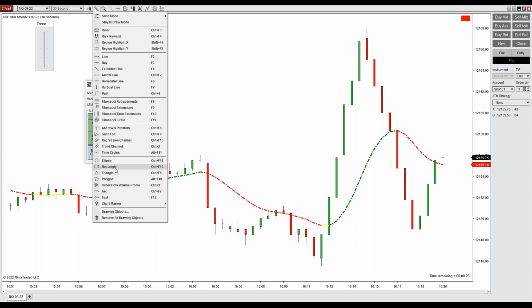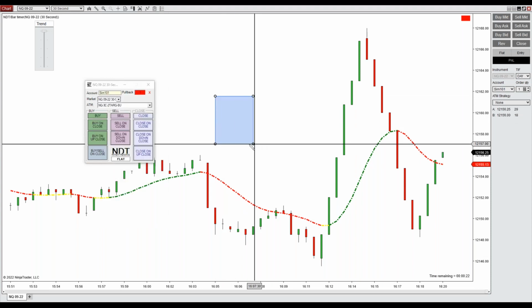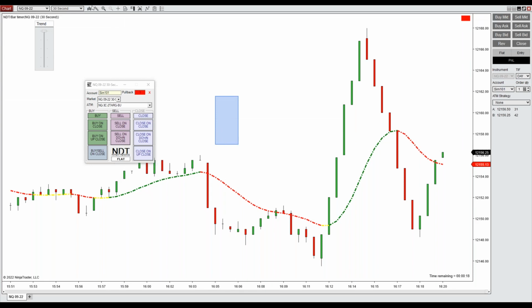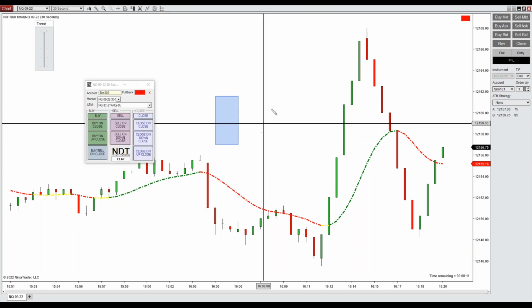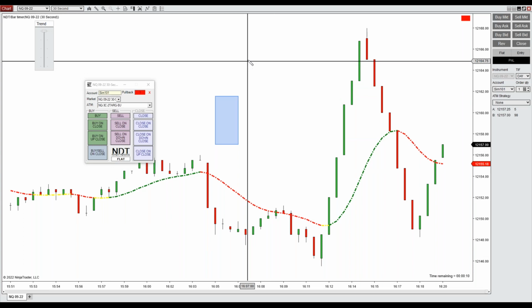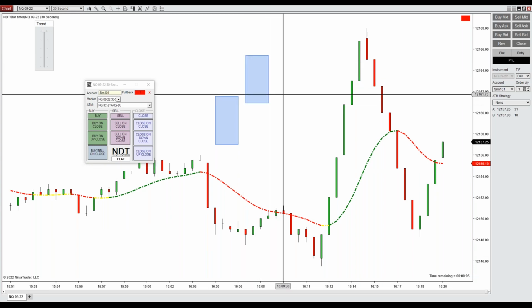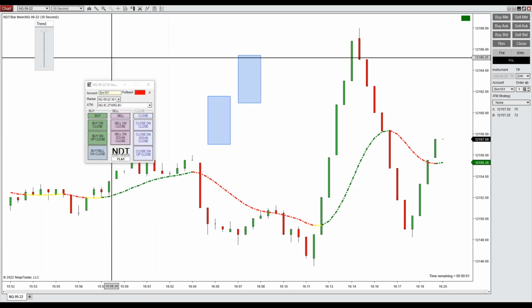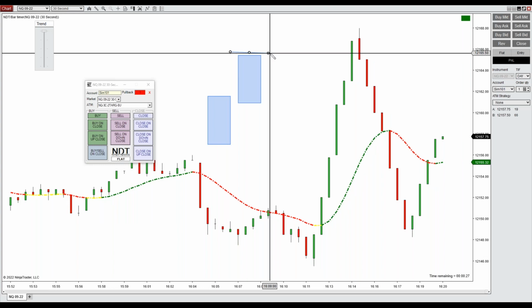What that means is here's a candle. And here's a candle. Now, normally if you want to buy an up close, you're going to buy it one tick above the close.